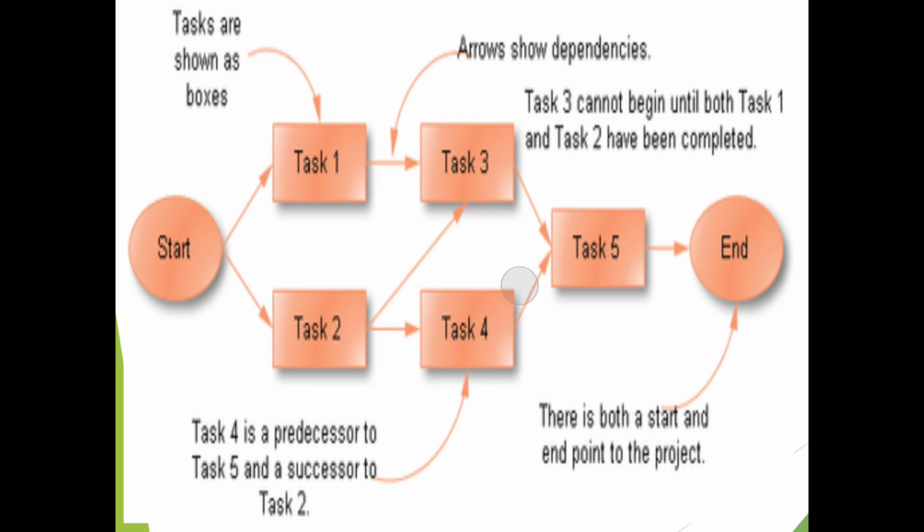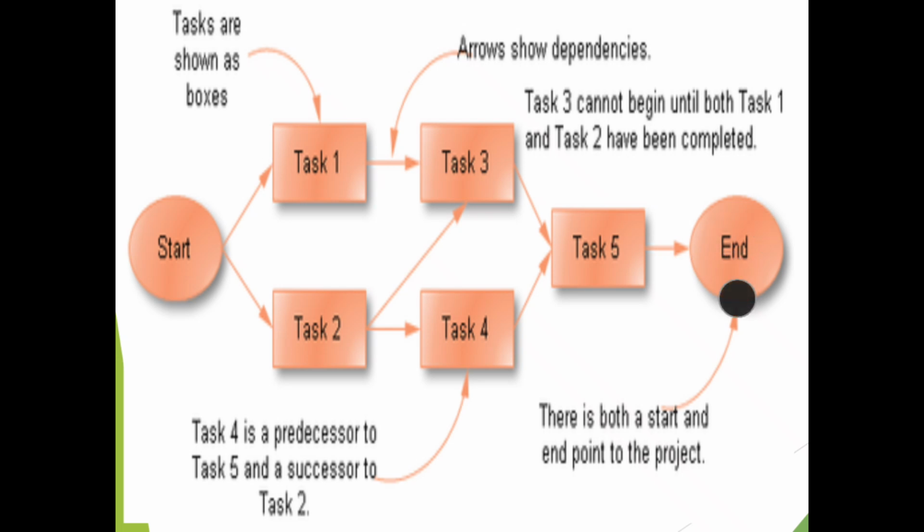We need to understand that task 4 comes before task 5, but task 4 comes after task 2. That is what we need to understand. So this one is the end of your project.